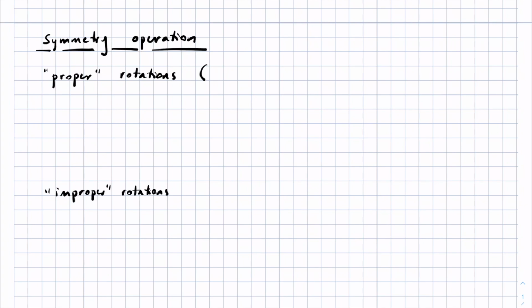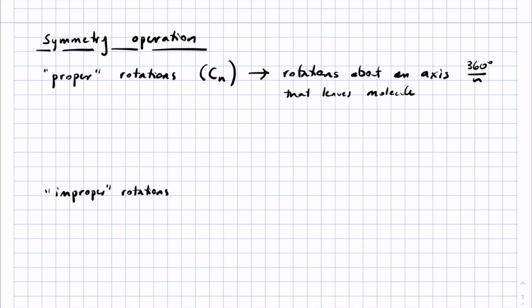Proper rotations are just rotations about an axis by 360 degrees divided by n, where n is an integer, that leaves the molecule unchanged. All right, so an example of a proper rotation would be this molecule.